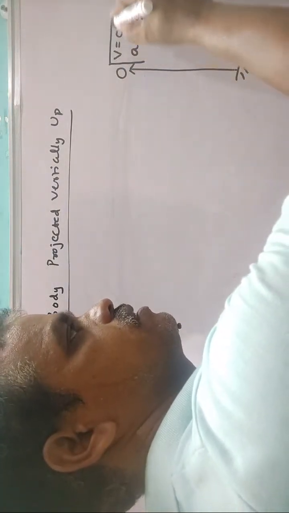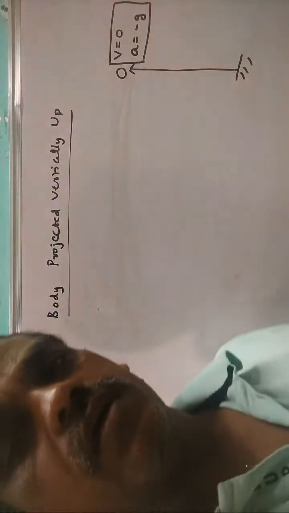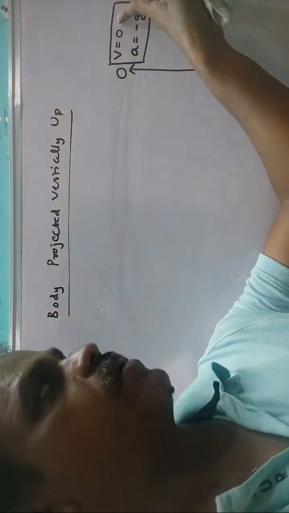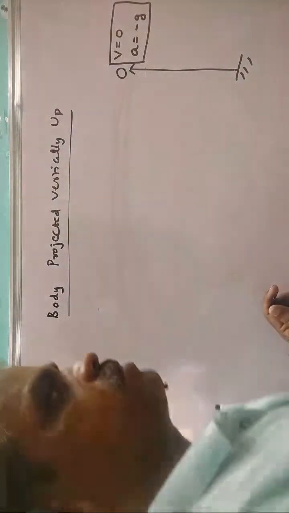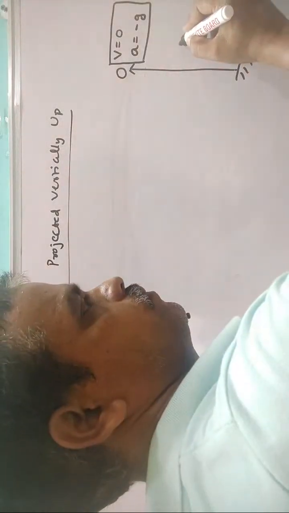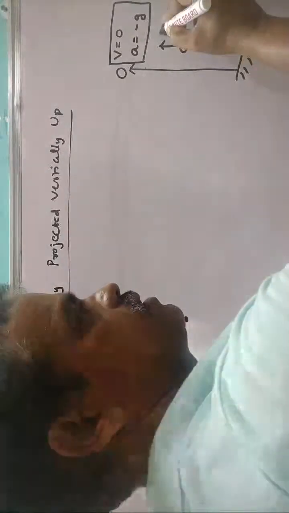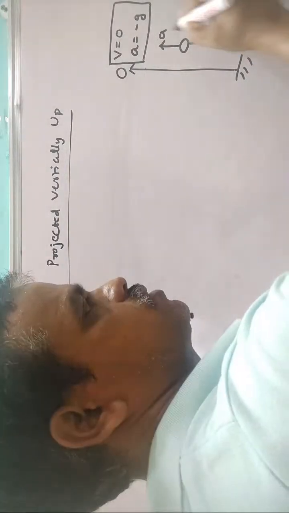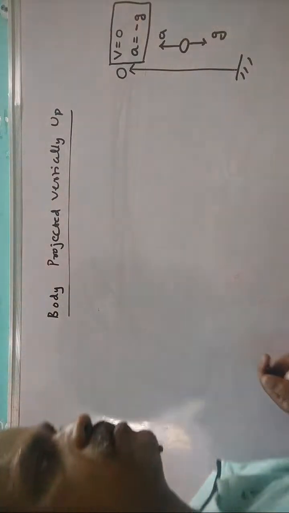These two conditions hold when the body is projected vertically up: the final velocity is zero at maximum height, and a equal to minus g. Why? Because the gravitational acceleration is opposite to the direction of motion, so a equal to minus g.